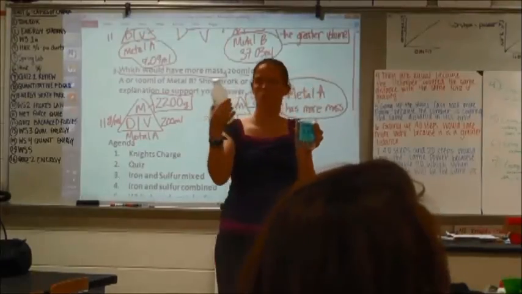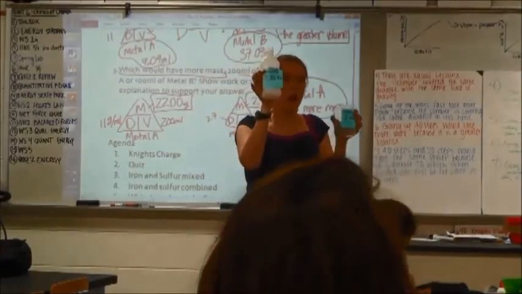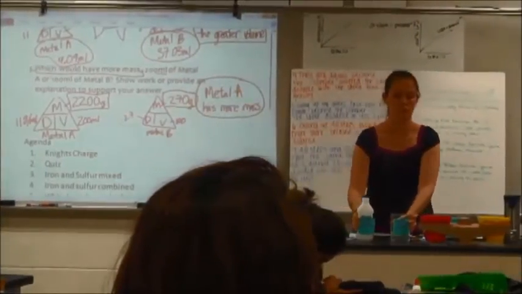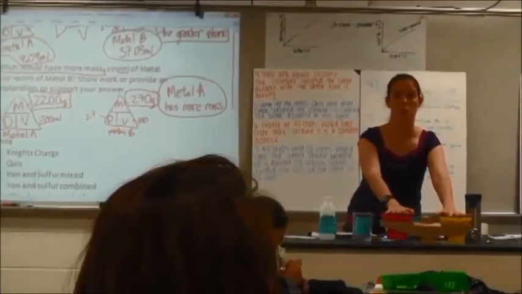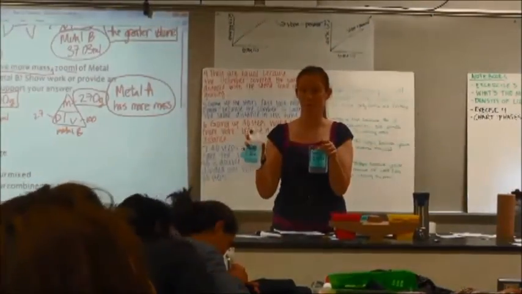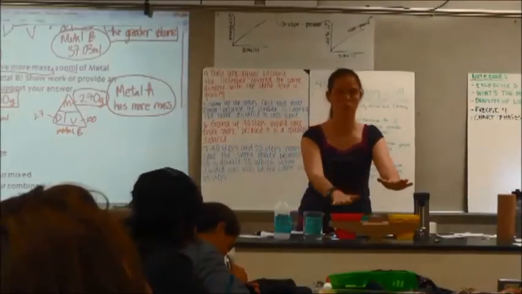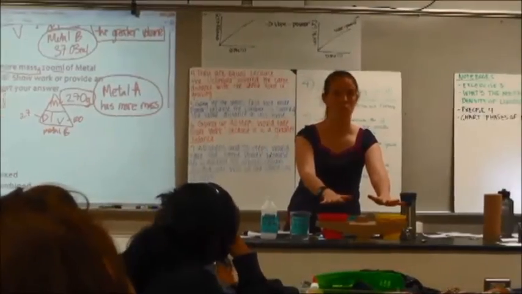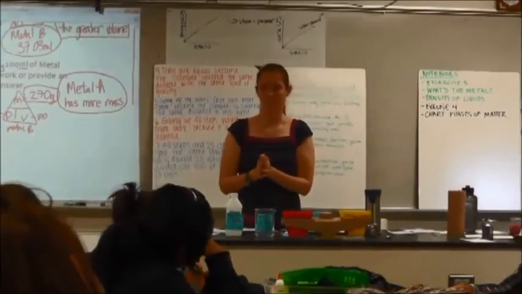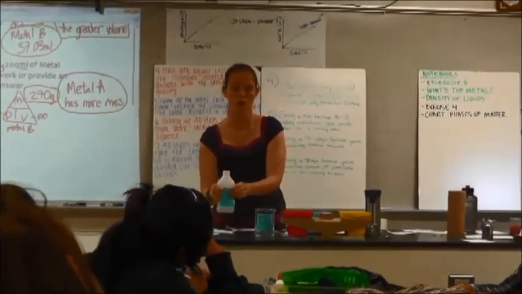Okay. So here, all right, I want to put 100 milliliters of both here. Is it going to balance? No. Okay, so which will have more mass? Water. Why, Marisol?